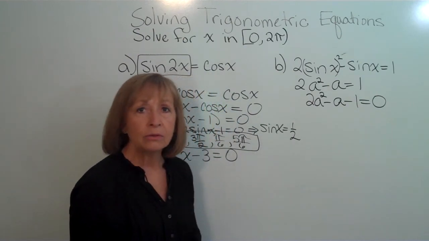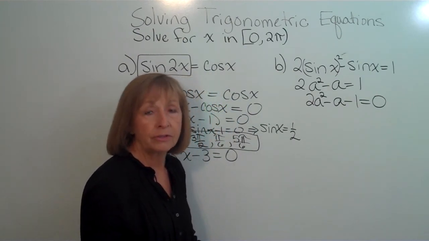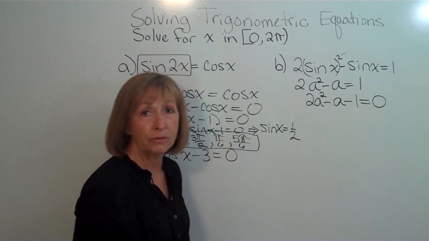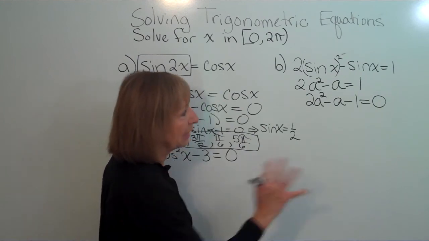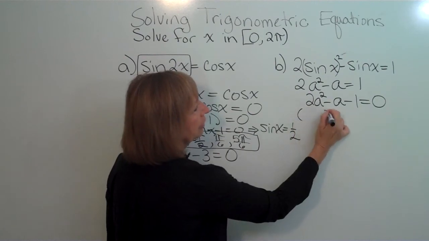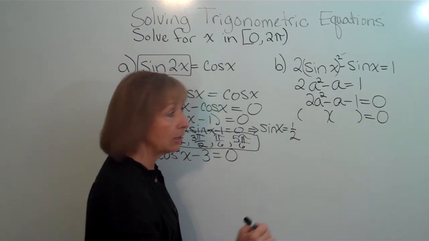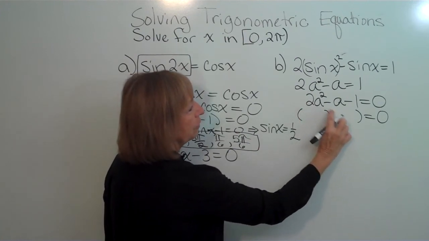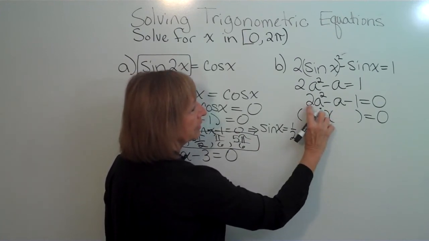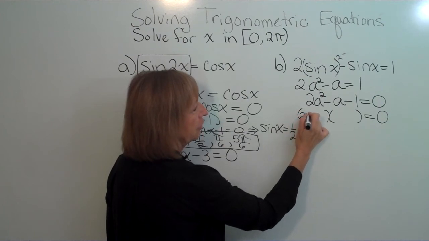Whichever way you learned how to factor trinomials, I also have videos on factoring trinomials if you need to refresh that. But we're just going to do guess and check because there are not that many options here. To get 2a squared, the first terms would be a 2a and an a.